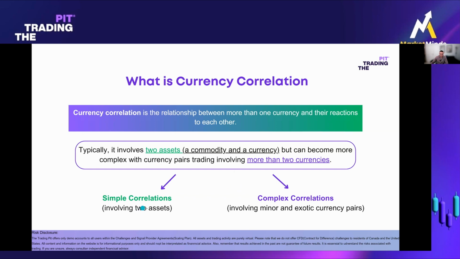Okay, so in a nutshell, simple correlation is when we have, let's say, a commodity that is priced to a currency. And a complex correlation is when we see currency pairs like minors and exotics.